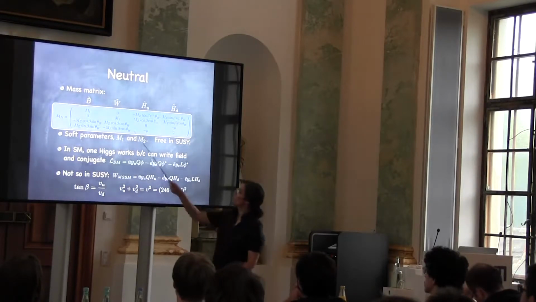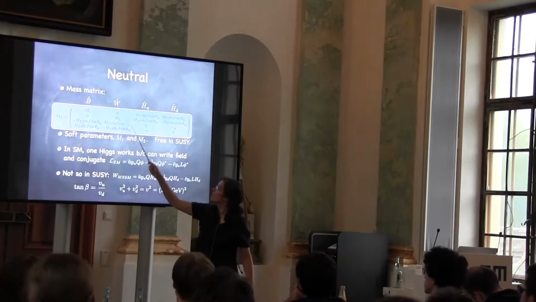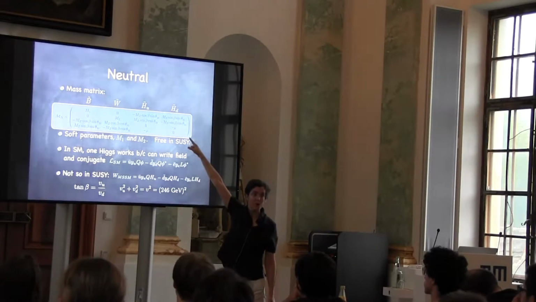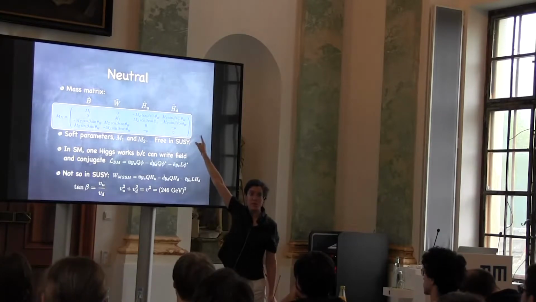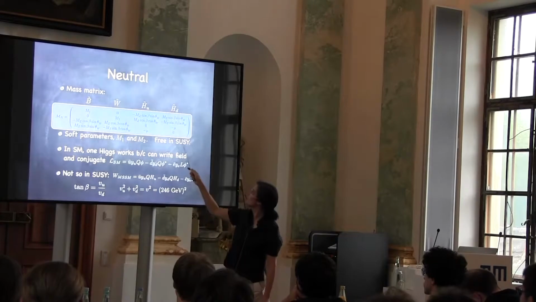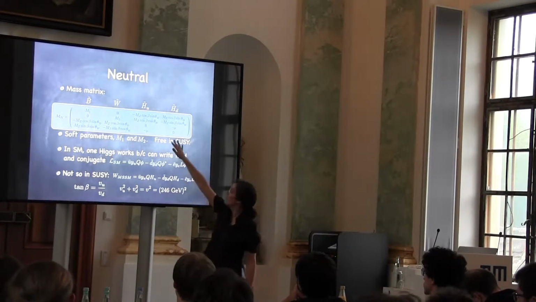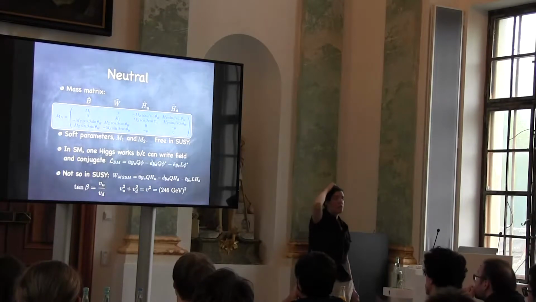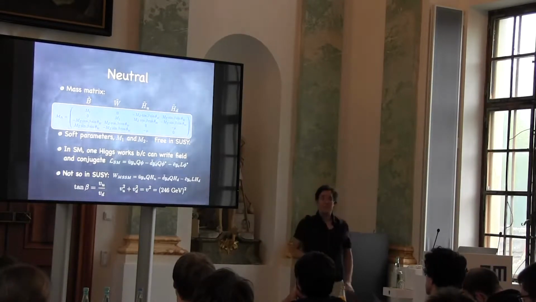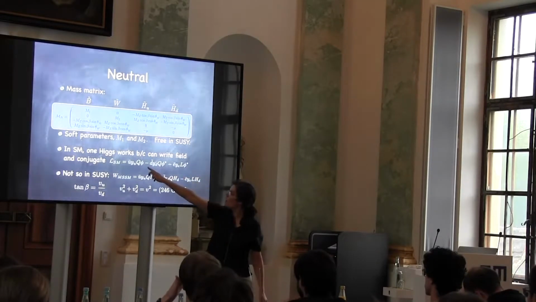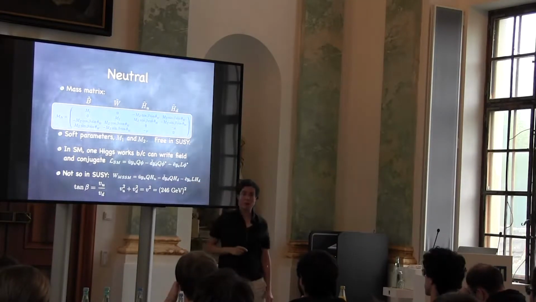like. So you have the superpartners of the B and the W gauge bosons, and then you have two partners of the Higgs boson. Now in supersymmetry, unlike in the standard model, you need two of these states. And the basic reason for that is that supersymmetry is holomorphic. The structure of the theory demands that I can't write down terms that involve both the field and its complex conjugate.